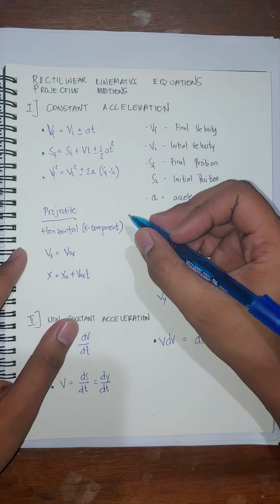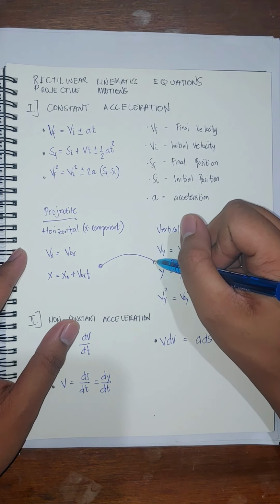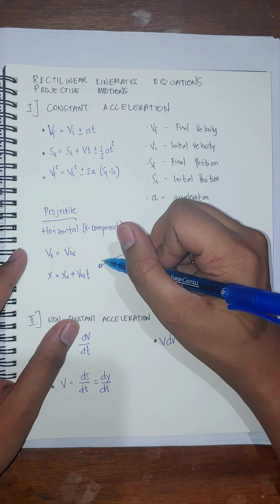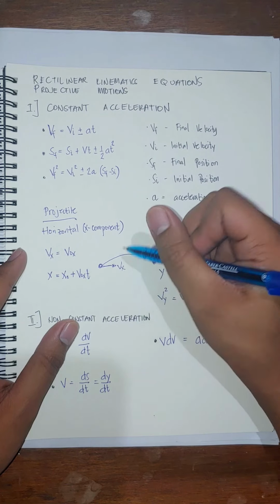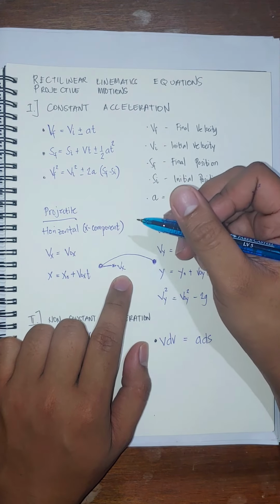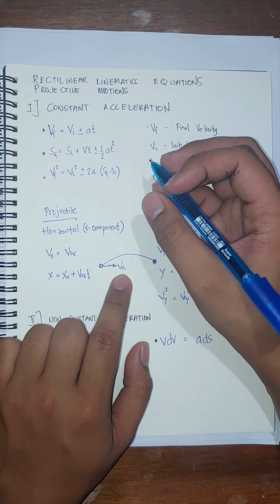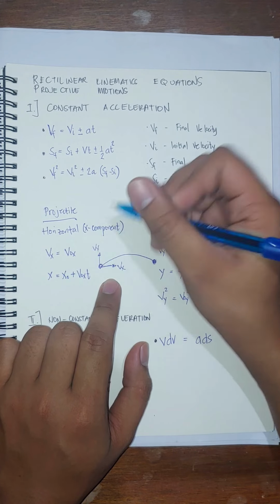Since the particle is moving in a parabolic way, it has a horizontal velocity. If you remember, we denote v sub x as the velocity along the x component, and then also v sub y.